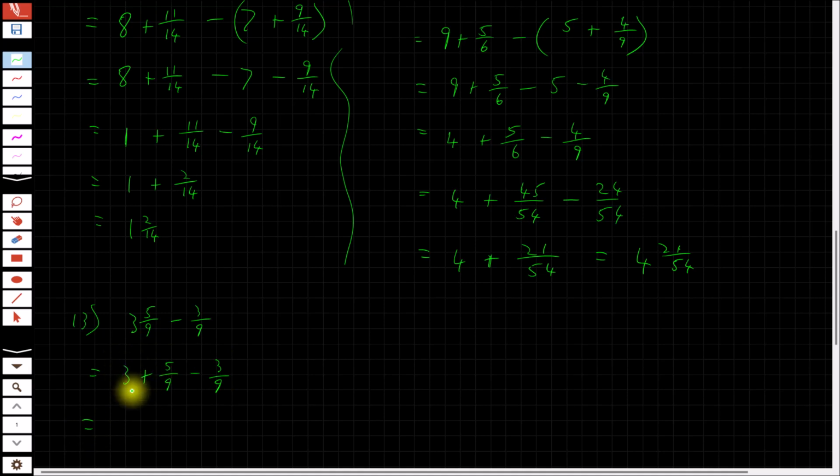We've simply got one whole number, but we've got to do fractions, so let's do the fractions. So 3 plus 5, take away 3. We have the same denominator, so we simply do the subtraction with the numerators. 5 take away 3 is 2, which is equal to 3 and 2/9.